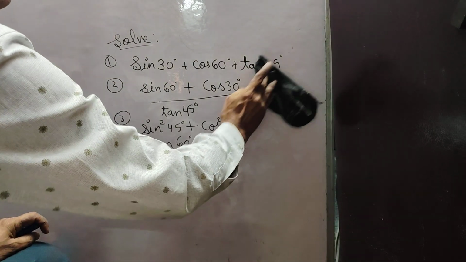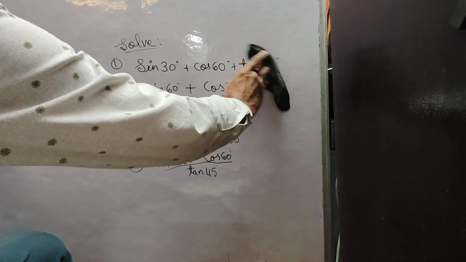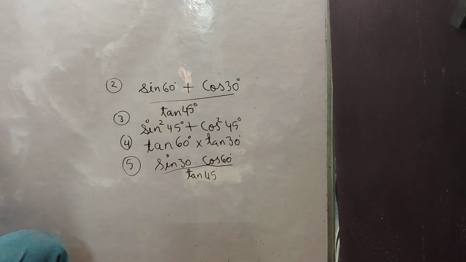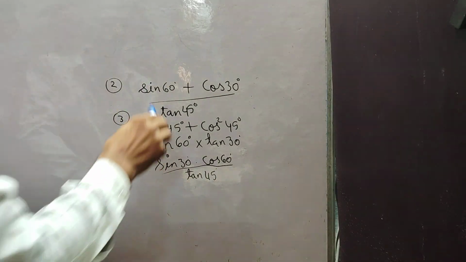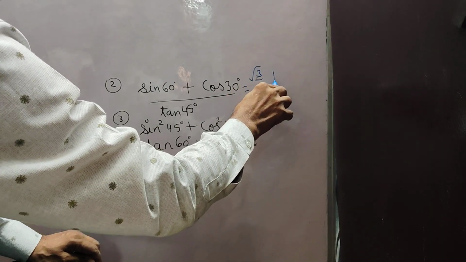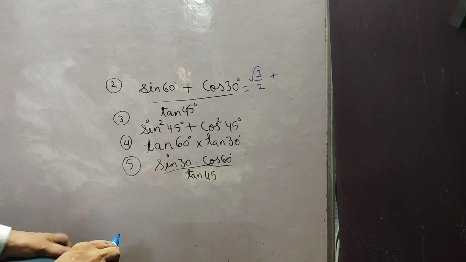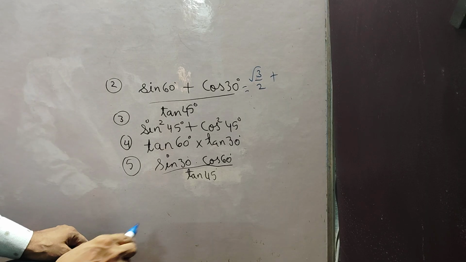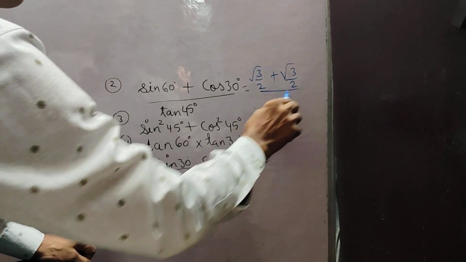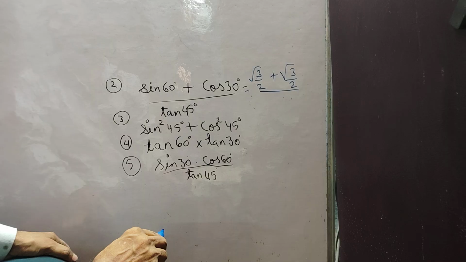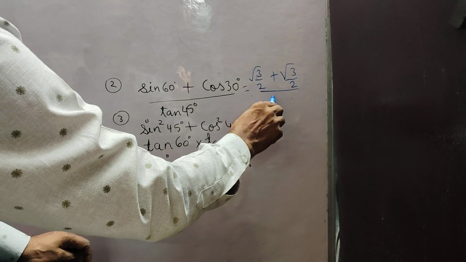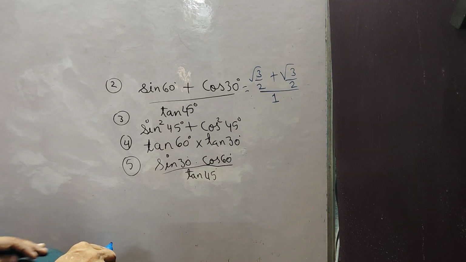Next is the second question. Sin 60. That is square root 3 over 2. Yes, plus cos 30. Cos 30 equals square root 3 over 2. Yes, over tan 45. Tan 45 is 1.